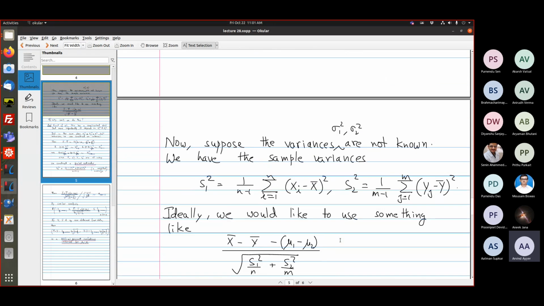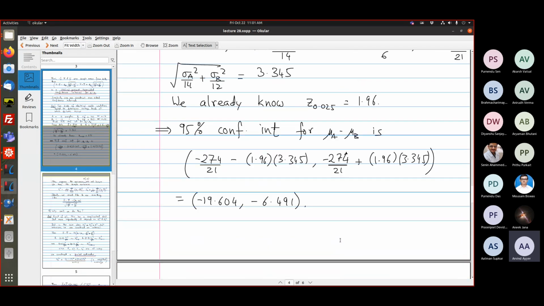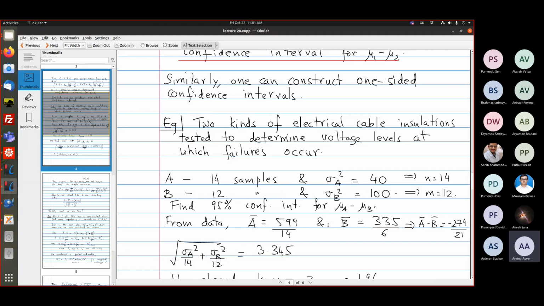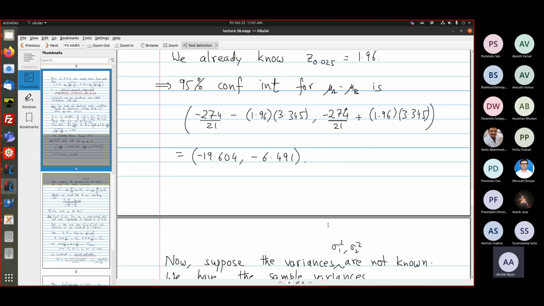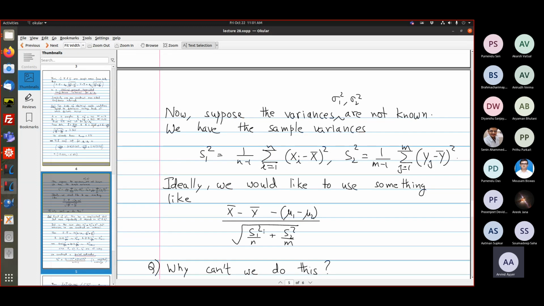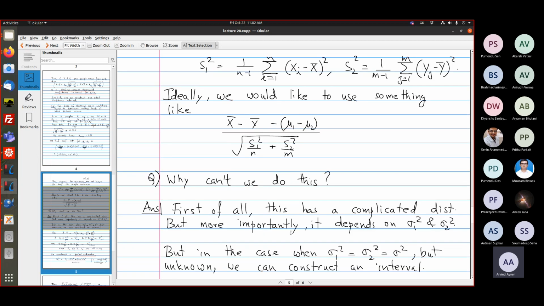We took two different samples, one each from the first and from the second, and we call it x bar and y bar, and we want to estimate mu1 minus mu2. If we don't know the variances, we can't in general just use this as an estimator.